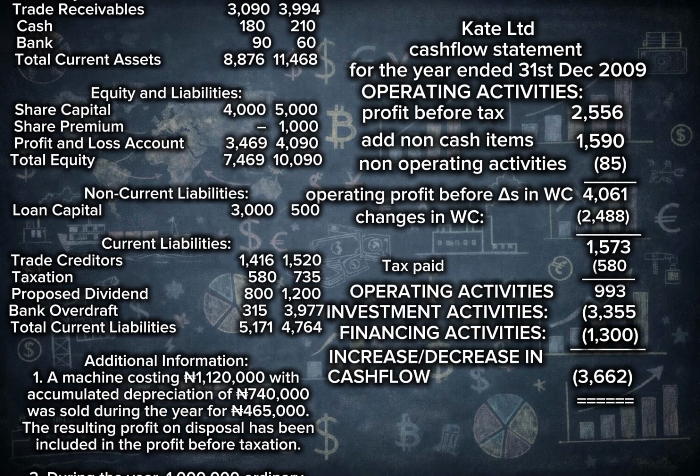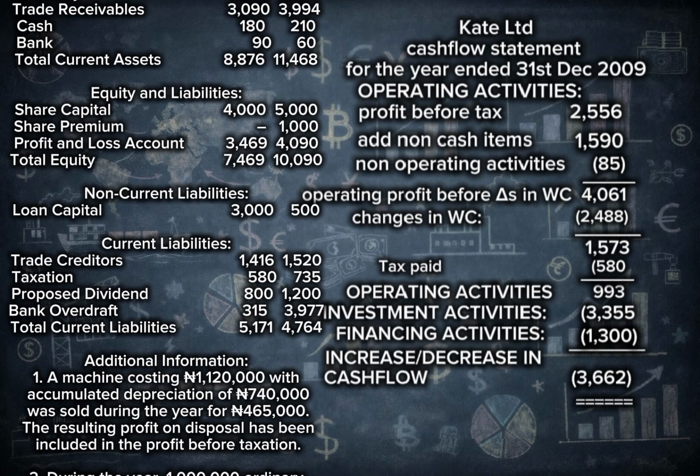So we can see that the summation of cash flow from operating activities plus cash flow from investing activities plus cash flow from financing activities has given us a net decrease in cash and cash equivalents for the year to the tune of 3,662,000 in overdrafts.